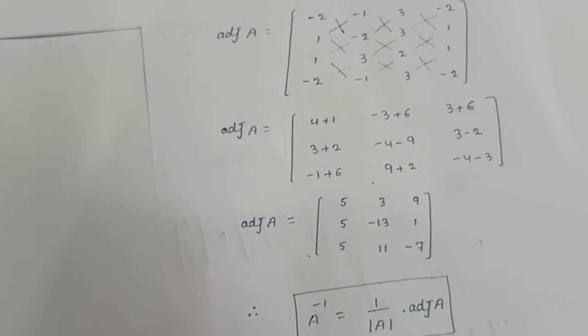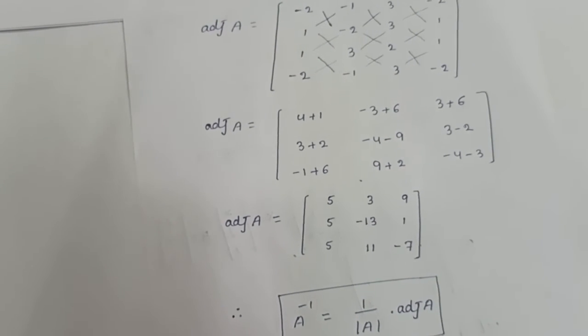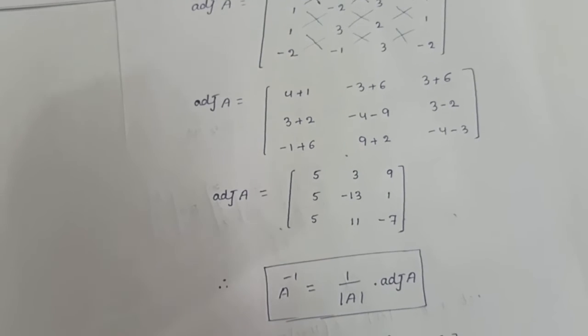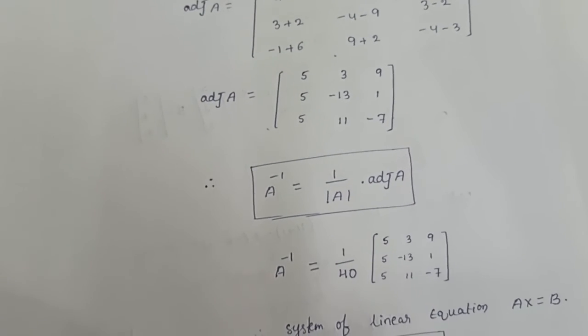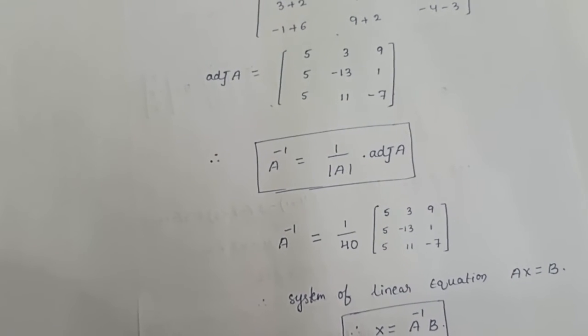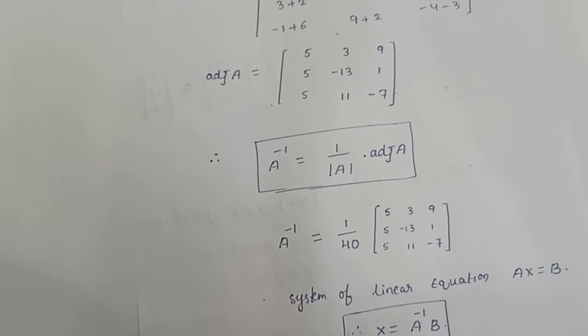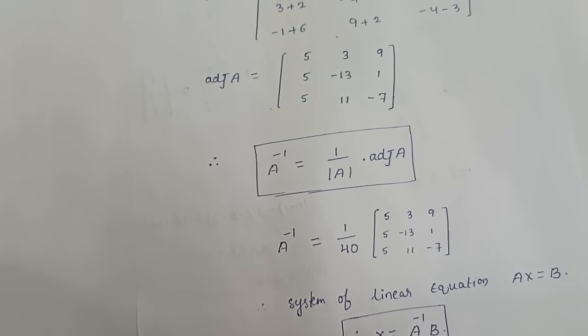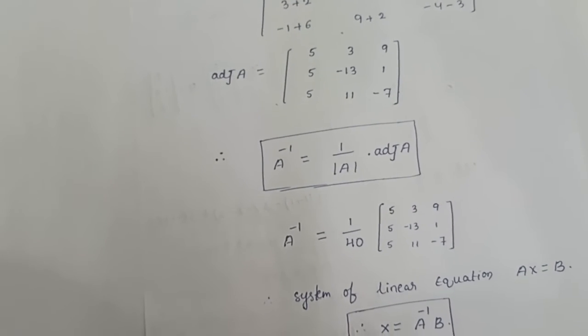So already we found that. Then what do you want? A inverse. A inverse equal to 1 by det A into adjoint of A. Therefore A inverse equal to 1 by 40 into the adjoint of A, which is 5, 3, 9, 5, minus 13, 1, 5, 11, minus 7.